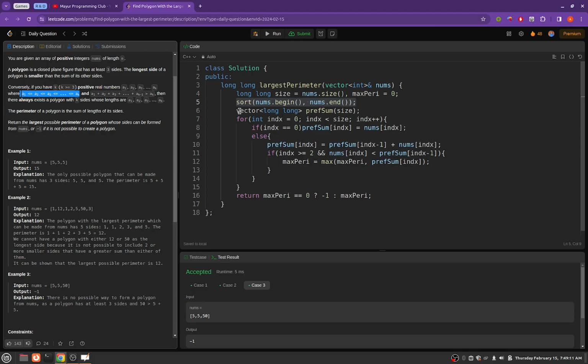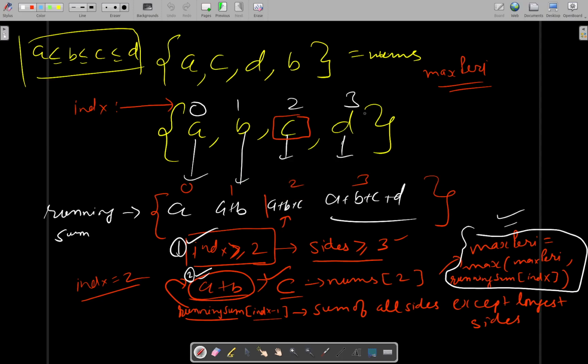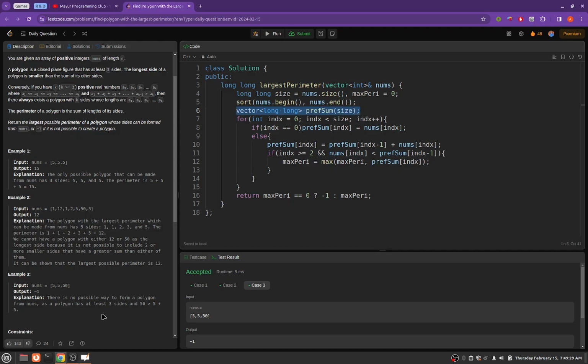Once that is out of the way, we will be using prefix sum. Instead of running sum, I have just renamed it to prefix sum, or if you want, you can also call it running sum. That's not a big issue here. So let's call it running sum.